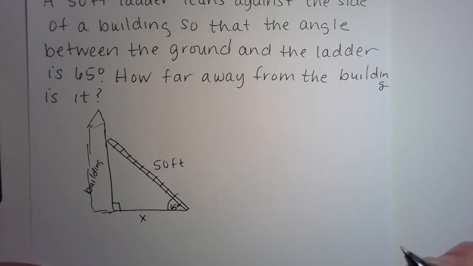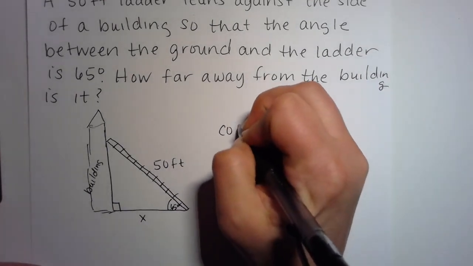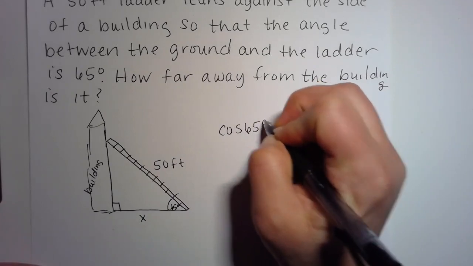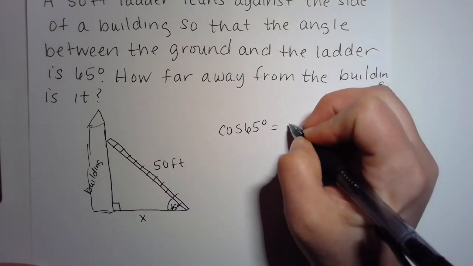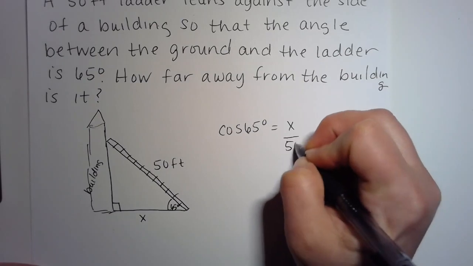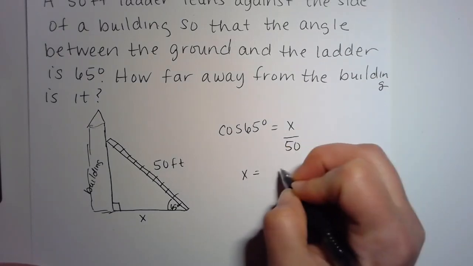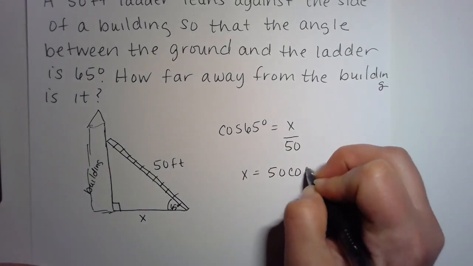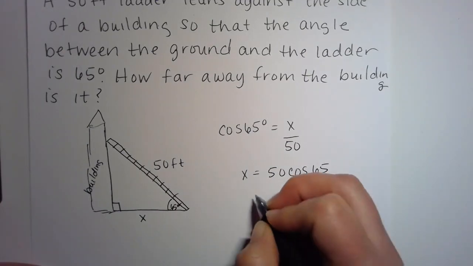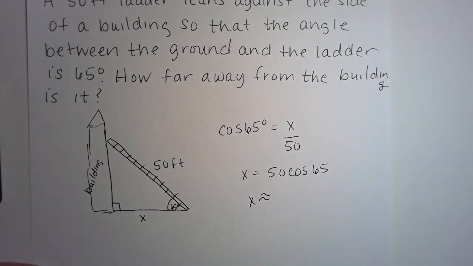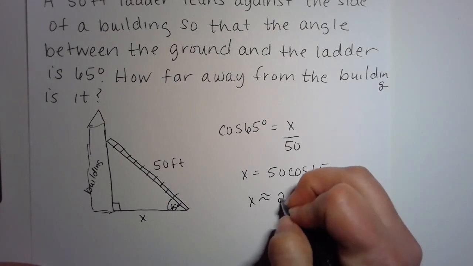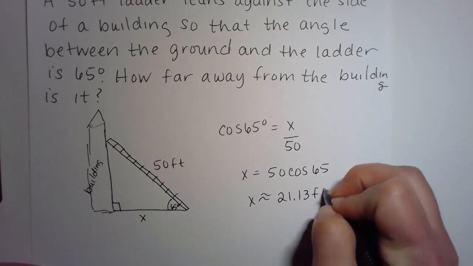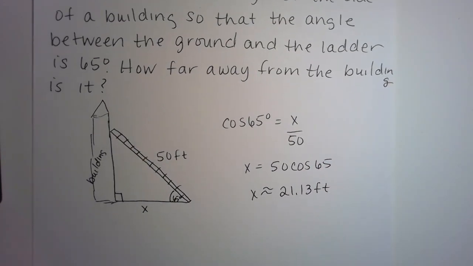So that sounds like cosine to me. So cosine of 65 degrees is equal to x over 50. So that means that x is 50 cosine of 65, and I can decimal approximate that and find out that my x is approximately 21.13 feet. Okay, so I found that.